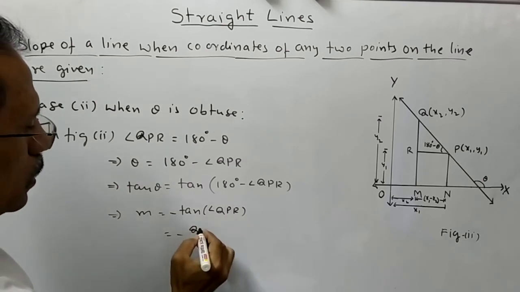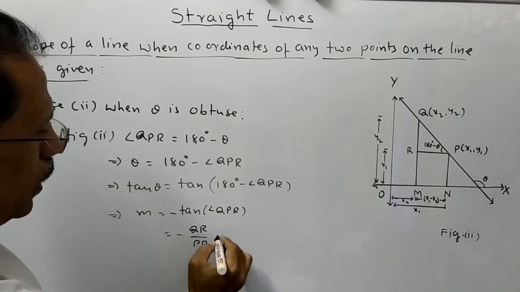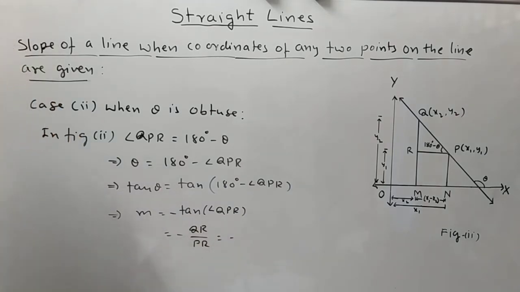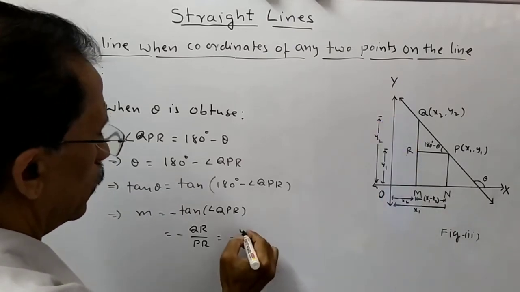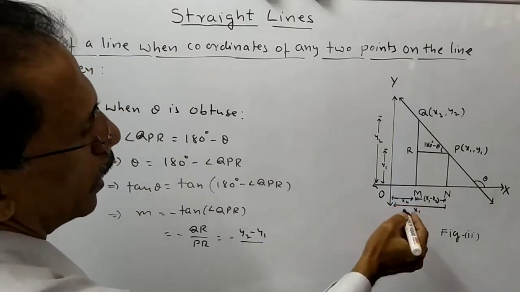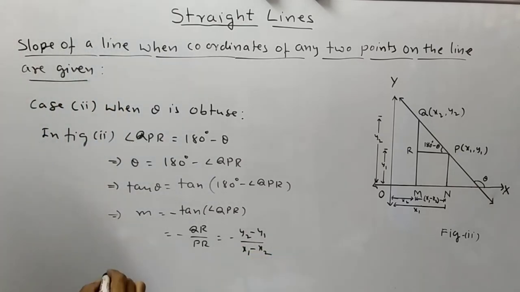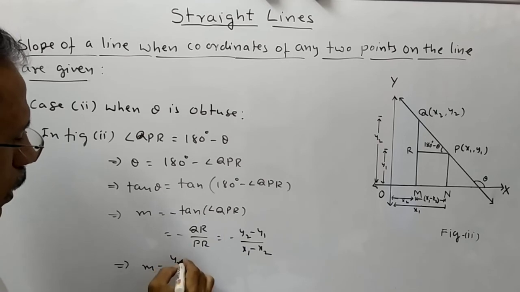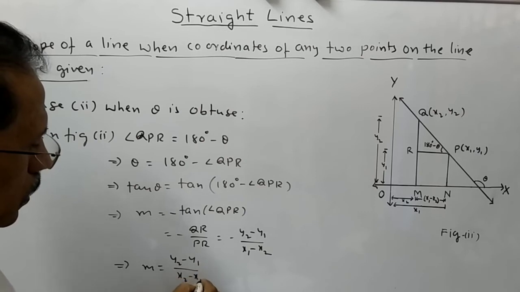That is QR divided by PR is equal to minus, QR is y2 minus y1 divided by PR is x1 minus x2. This implies m is equal to y2 minus y1 divided by x2 minus x1.